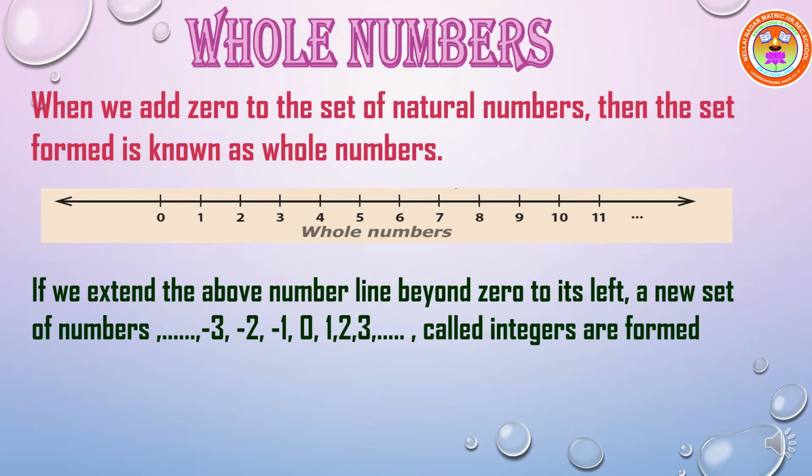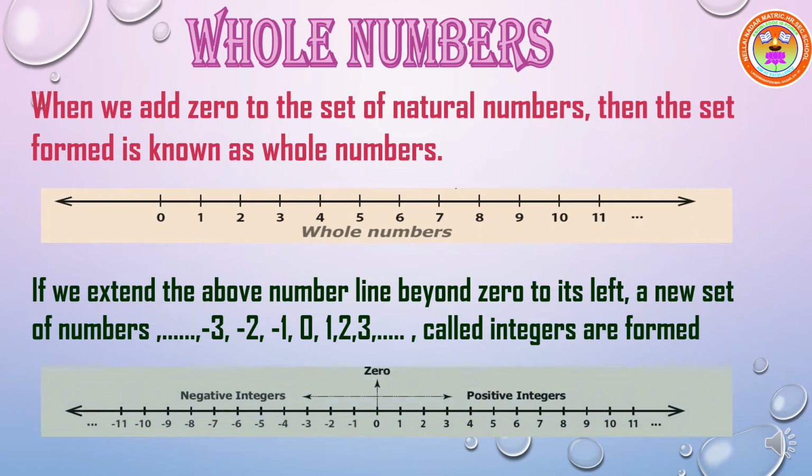We are going to extend the above number line beyond 0 and to the left side of 0. So if we extend, what happens? We get negative values, that is -1, -2, -3, etc. It goes on in the left side of 0. So now we have represented the number line with 0, positive integers on the right and negative integers on the left. Yes, children?